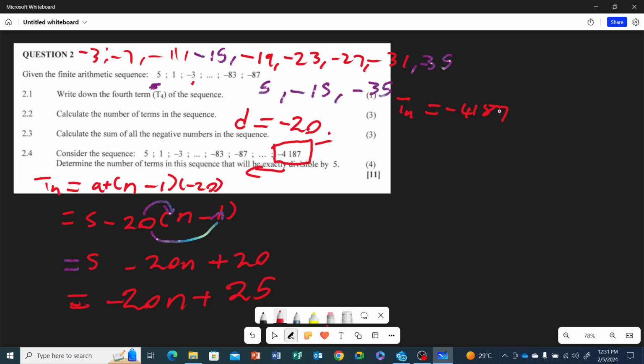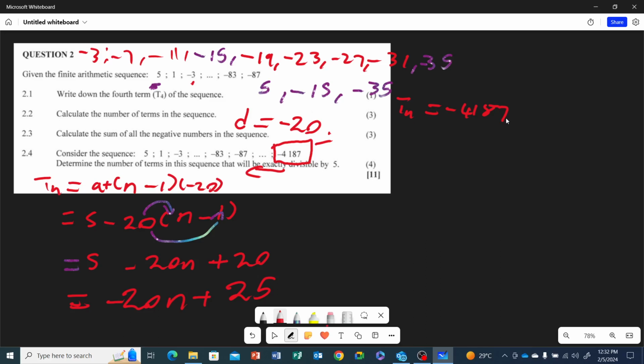You will find that you get negative 4183, then 79, then 75, and 75 is divisible by 5.